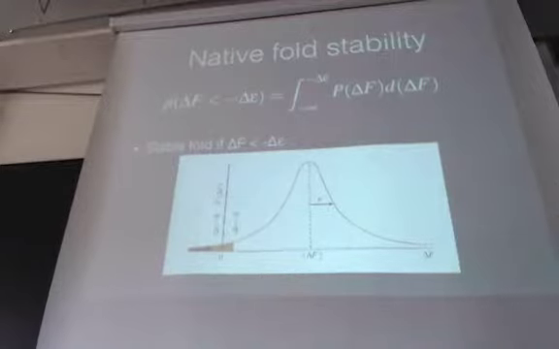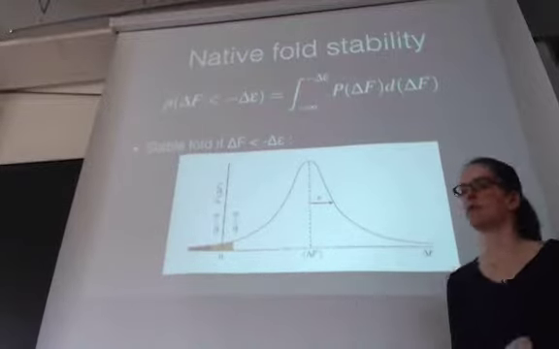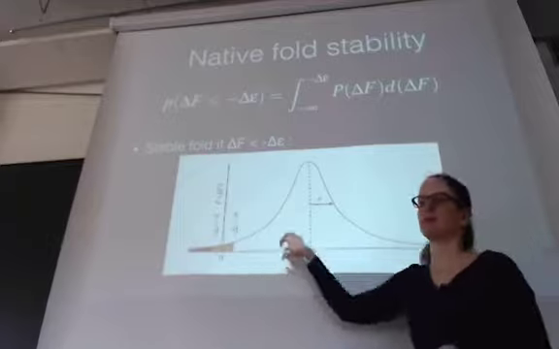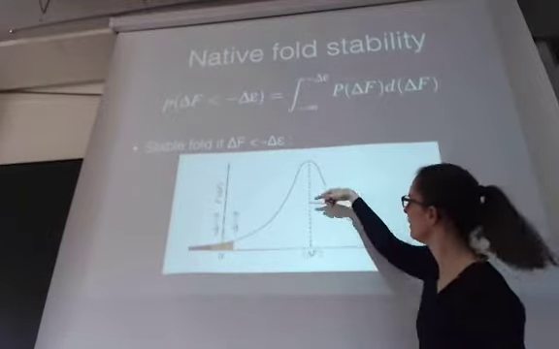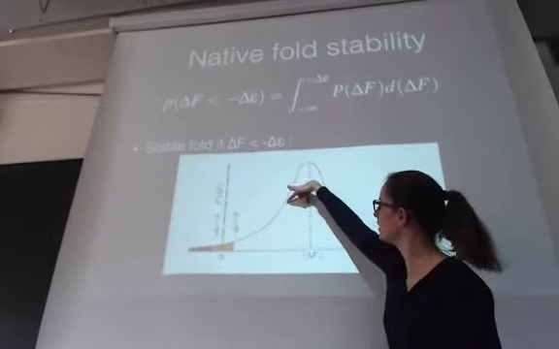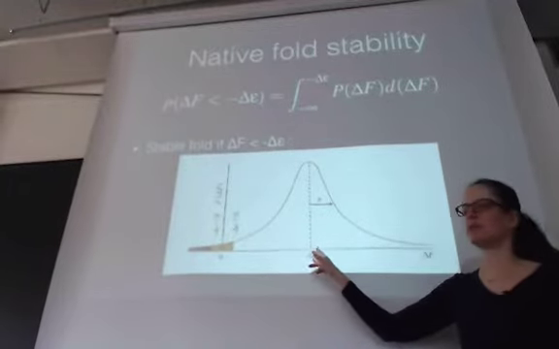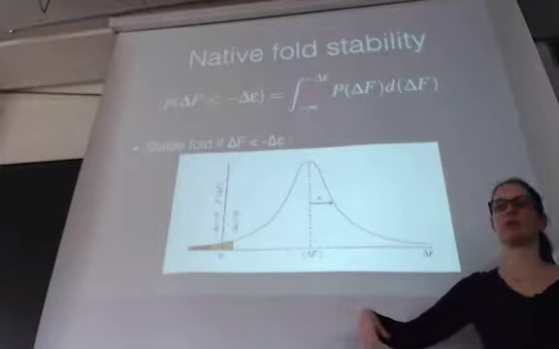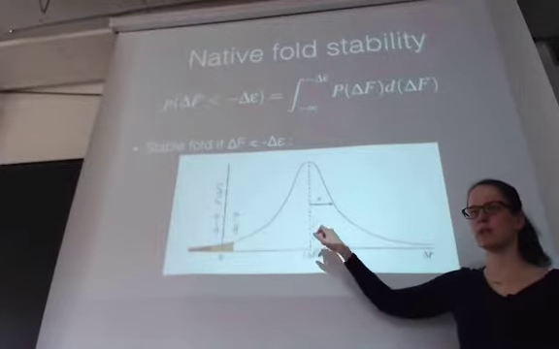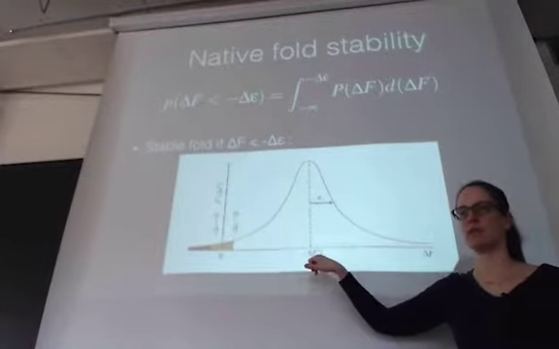It turns out that this average free energy of folding is way positive compared to 0. Even 1 standard deviation still takes you very far from 0. This means that most sequences don't fold spontaneously.